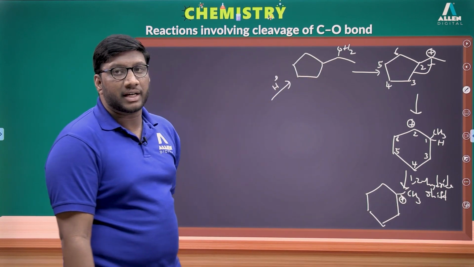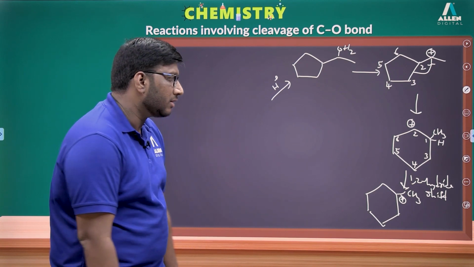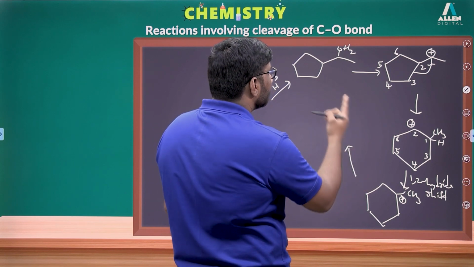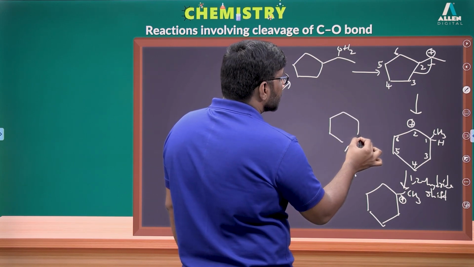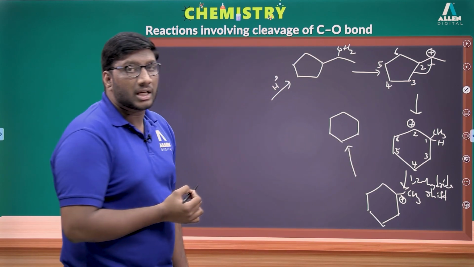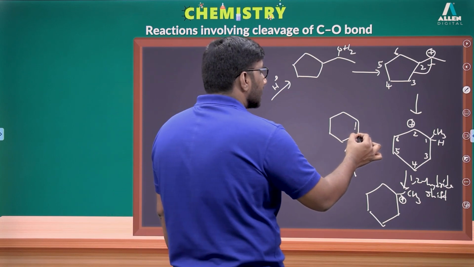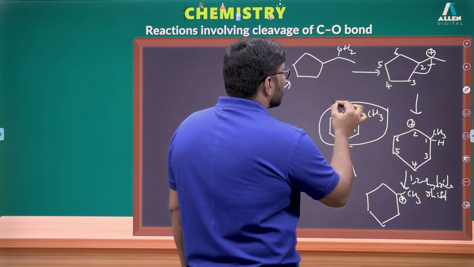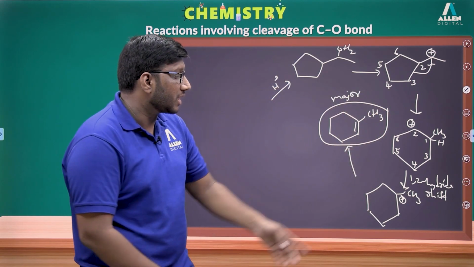And this carbocation, which is the most stable, tertiary carbocation, will now undergo elimination to give the most stable alkene, or the most substituted alkene, which is going to be your Saytzeff product, which is nothing but this alkene. So this is going to be your major product, because I cannot remove hydrogen from that methyl.